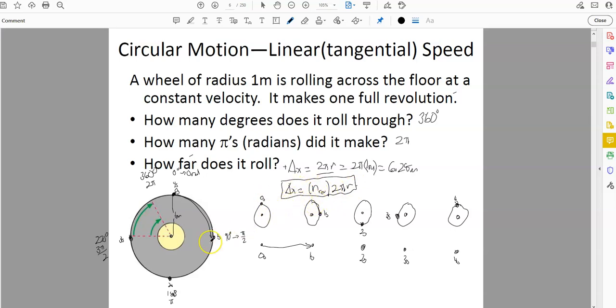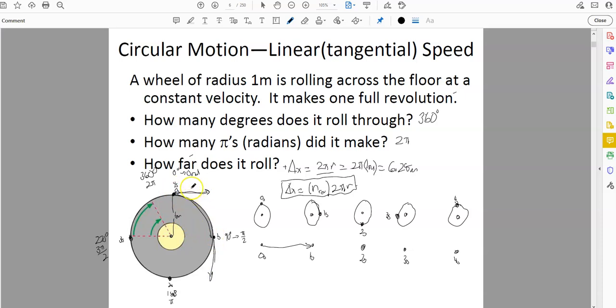So this is a good way of taking how many degrees or radians or revolutions a wheel has turned through, into how far this wheel would have rolled, or how far this dot would have turned in a full circle, right? So if this wheel wasn't actually rolling, it was just like a record player spinning in place, this dot would be moving to the right.